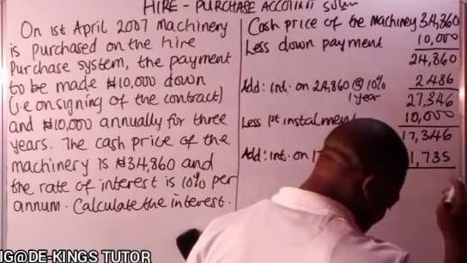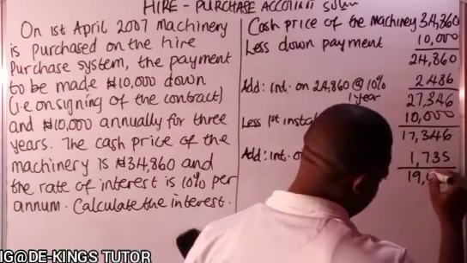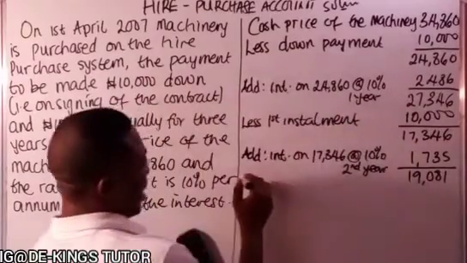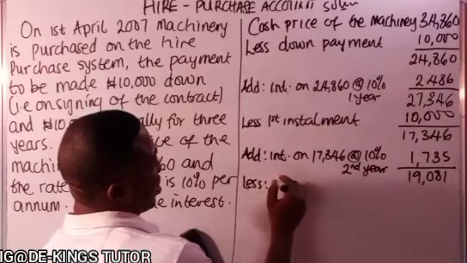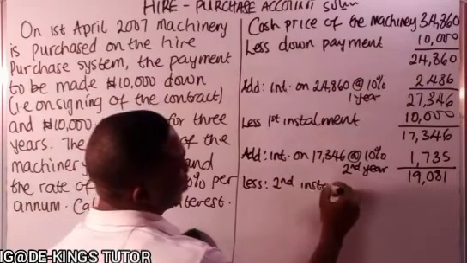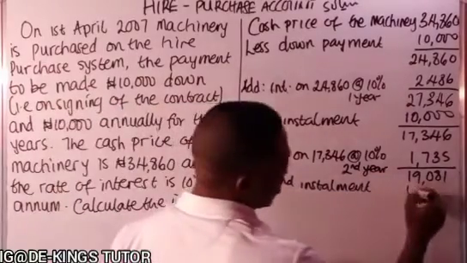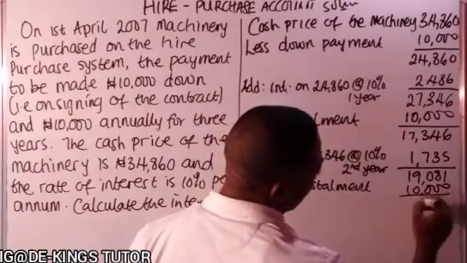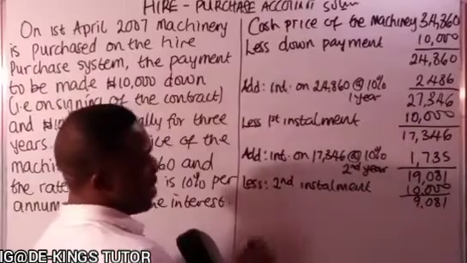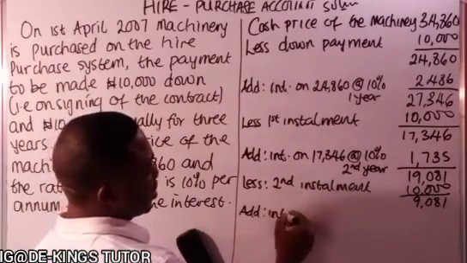If I add it together, it will give me 19,081. Now less the second instalment, because they say 10,000 should be paid for 3 instalments. So we have 9,081.